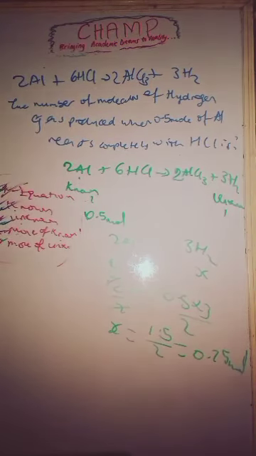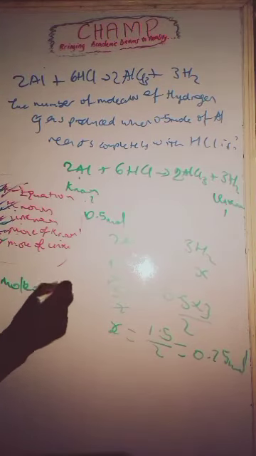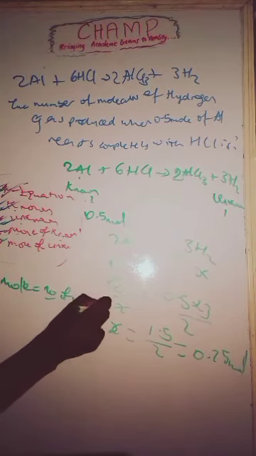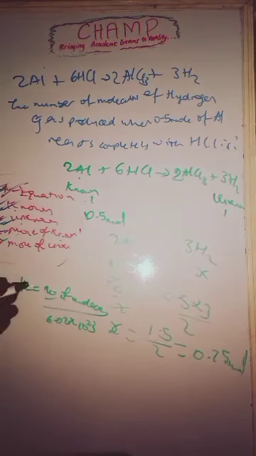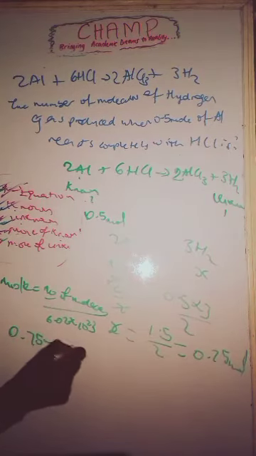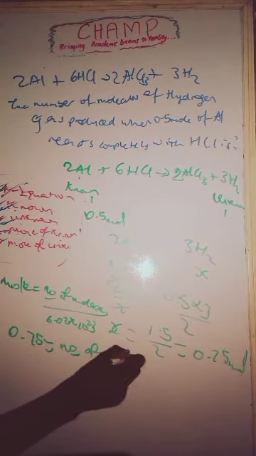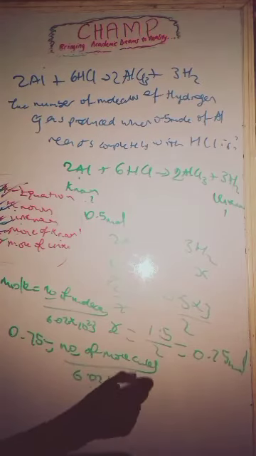From the question, they said what's the number of molecules? Which formula relates number of molecules to mole? Mole is equal to number of molecules over Avogadro's constant. So what's your mole? 0.75 is equal to number of molecules over 6.02 times 10 to the power 23.